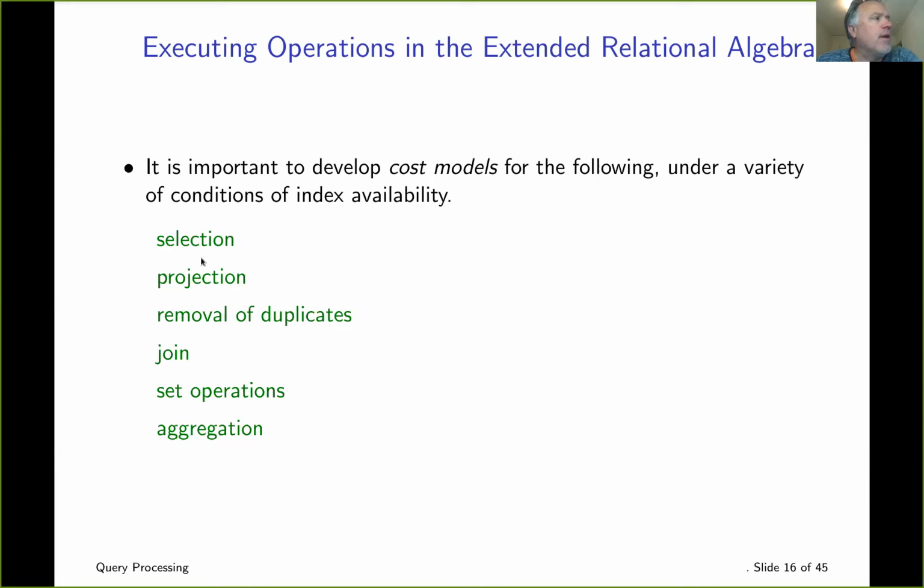You might alter the tree quite a bit, and then you will have different algorithms you might be able to attach to it. Maybe you use an index, maybe you don't use an index, maybe you use this index but not that index. So you want to get some kind of estimation, and therefore you have to have a model of how much these things cost, given indexes potentially.